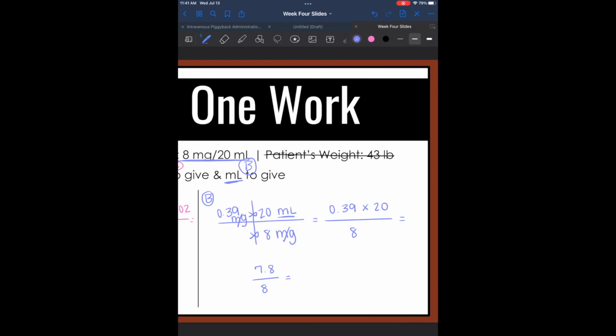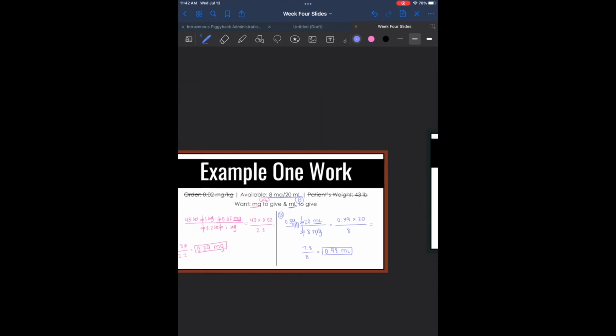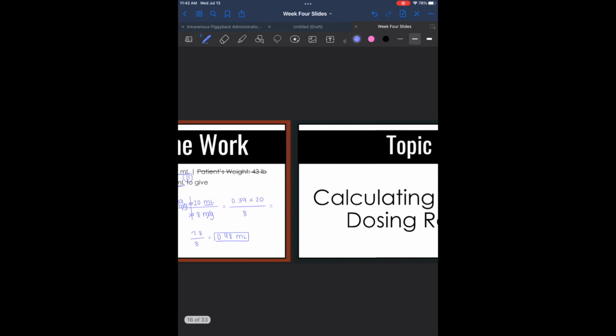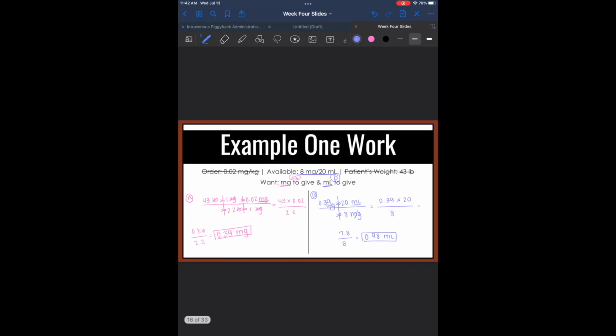We're giving less than 1 milliliter, so we're going to round to the nearest hundredth. So in this case, it would be 0.98 milliliters that we're giving this child. All right, and that's how we figure out our single pediatric doses.